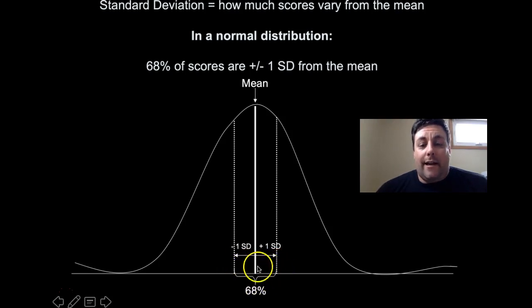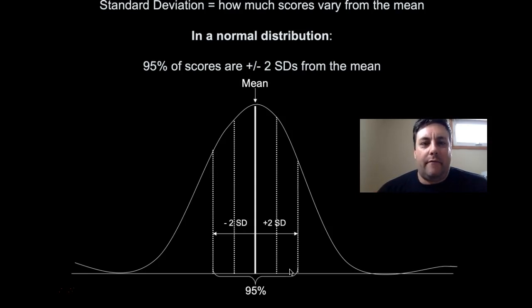And so that actually captures a little more than 2/3 of the scores in a given data set. This again is why the normal distribution is so useful and so important to the development of statistics. If we extend it out to 2 standard deviations, we're actually encompassing 95% of scores, so nearly everyone.